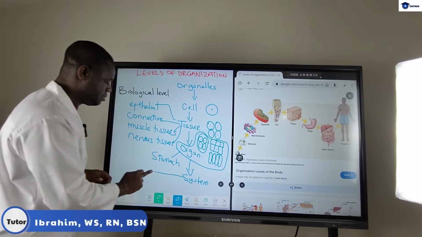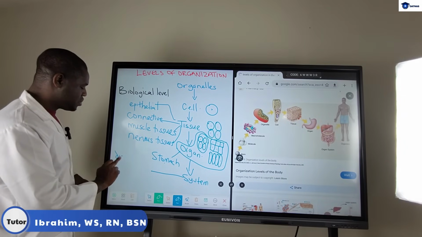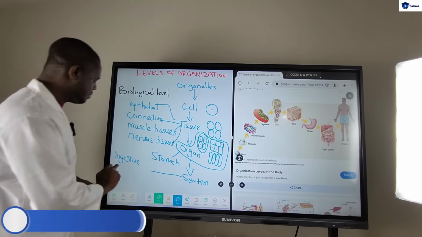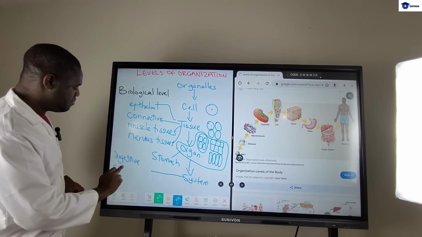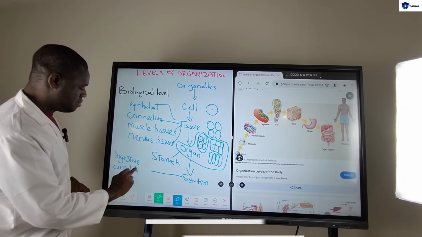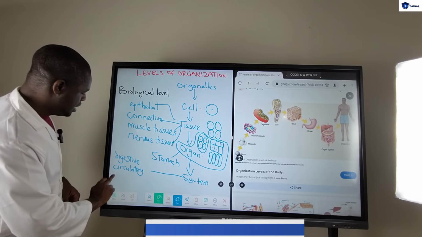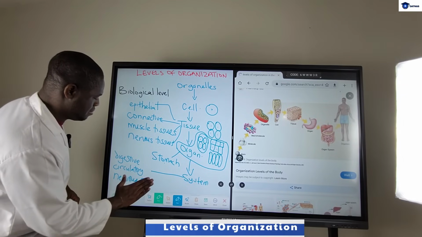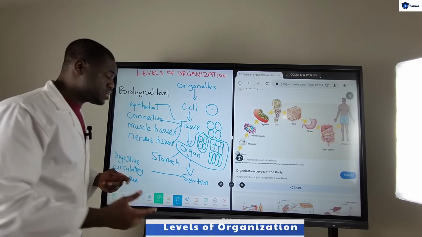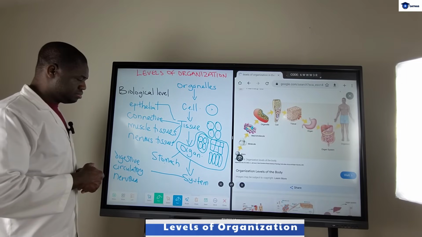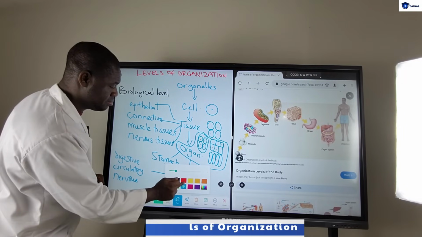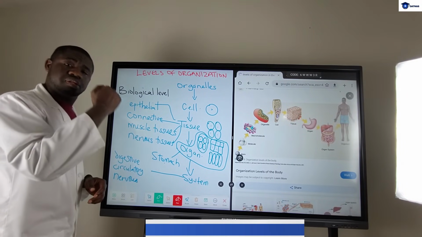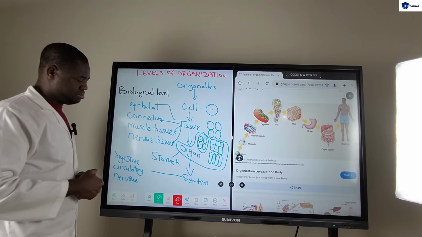For example, we have the digestive system, we have the circulatory system, the nervous system, and many other systems in the body. For example, the digestive system is made up of two or more organs.